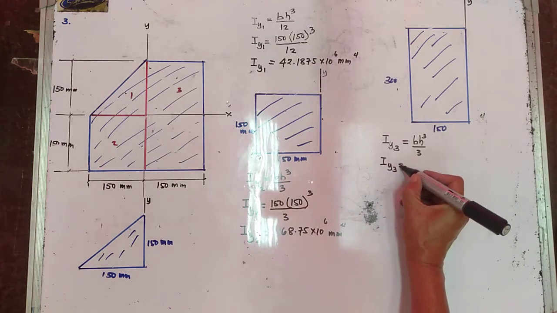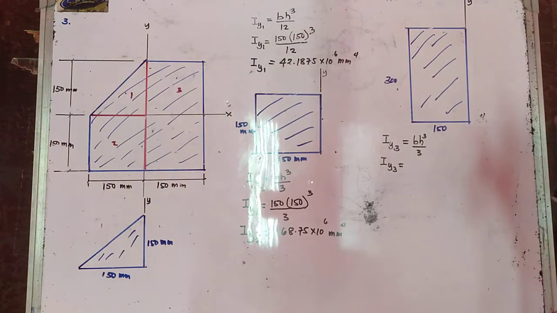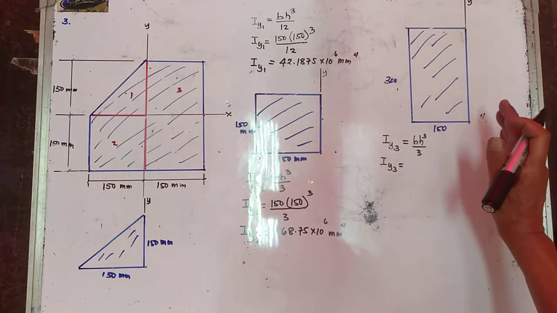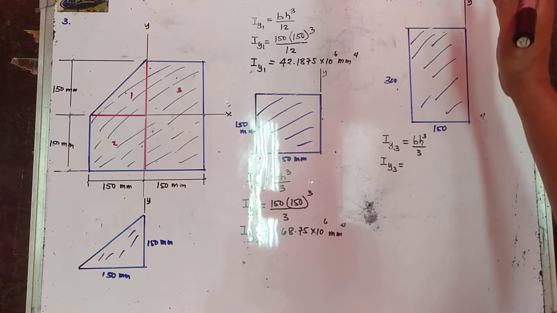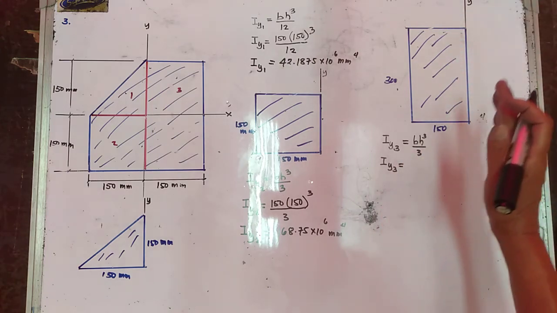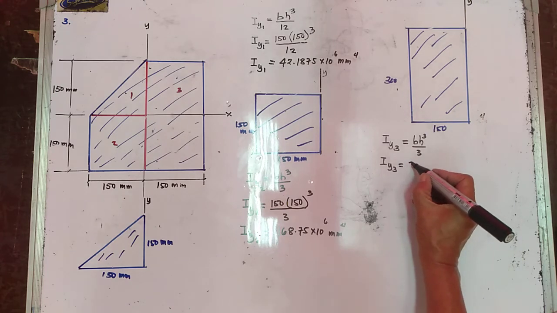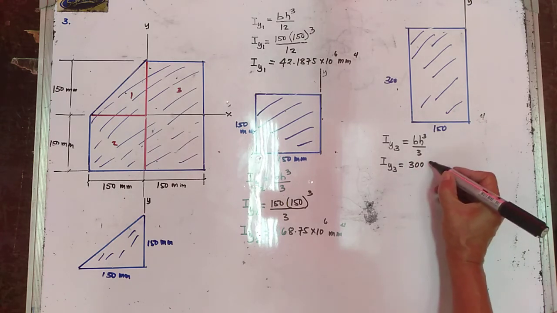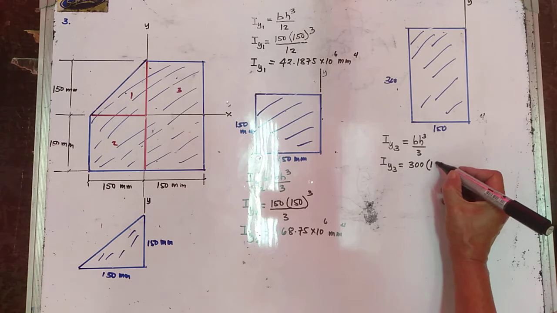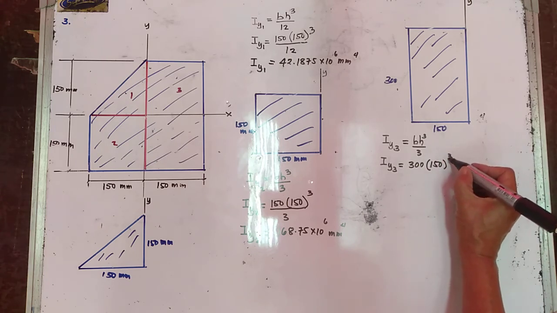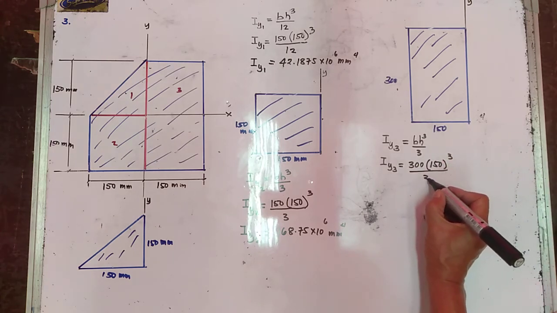Iy3 is now equal to b. Again, your b is the dimension parallel to the y-axis. Because we are getting the moment of inertia about the y-axis, your b in there is 300. Your h is 150 cubed all over 3.